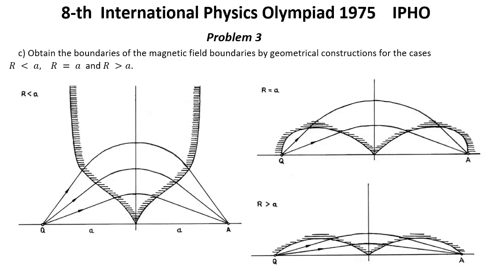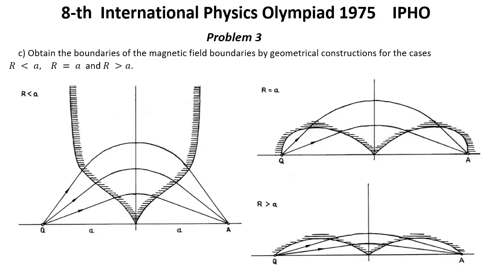Question C. Obtain the boundaries of the magnetic field by geometrical constructions for the cases r less than a, r equal a, and r greater than a. Solution.